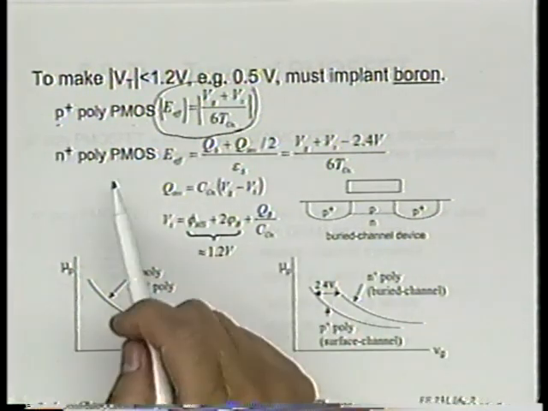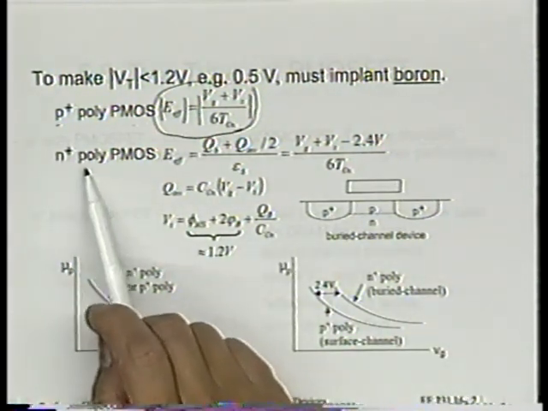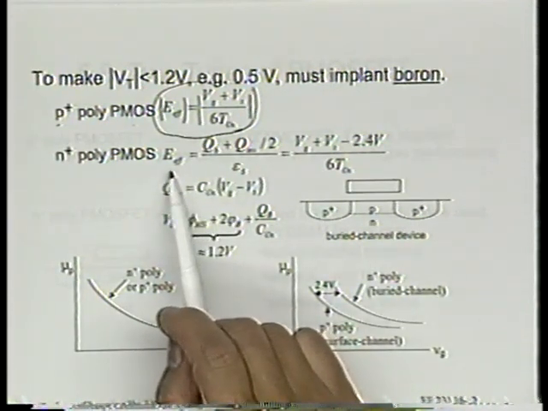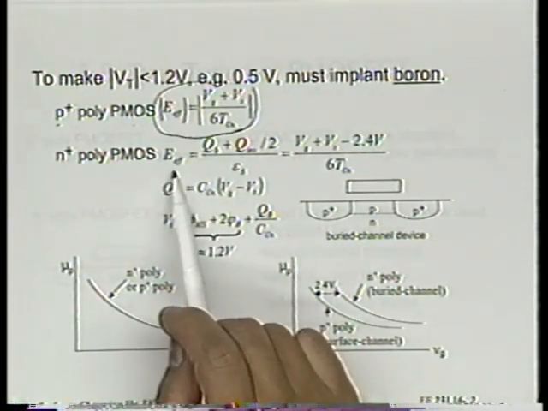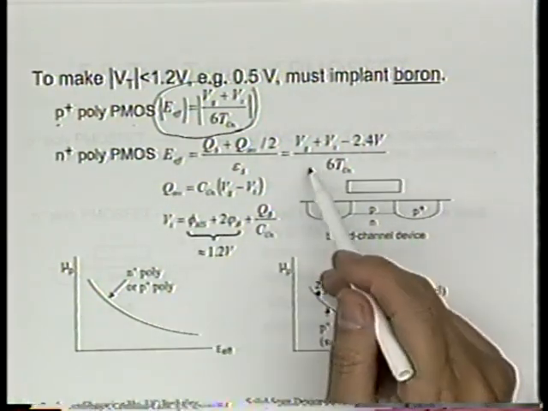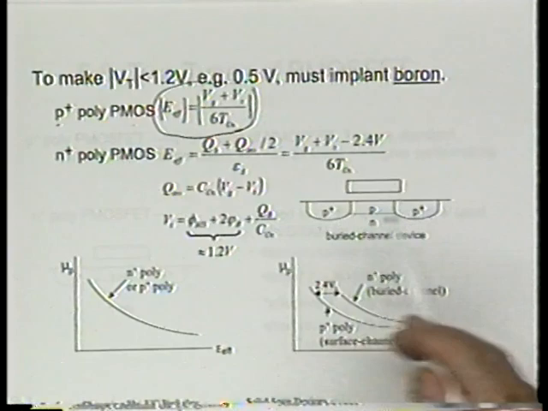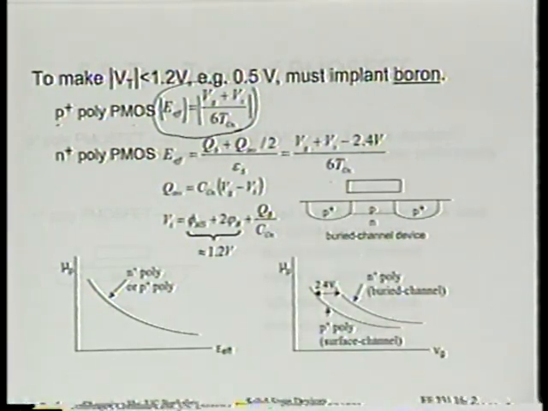For the third type of transistor, that's n plus poly gate PMOSFET, and this is something we have seen before, the vertical effective field would be equal to VG plus VT minus 2.4, 2.3 volt divided by 6 times Tox.